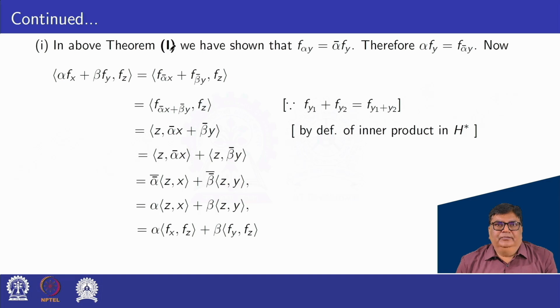In the above theorem, first we have shown that f_{αy} is equal to ᾱ f_y. Therefore, α f_y equals f_{ᾱy}. Now, the inner product of α f_x + β f_y and f_z equals the inner product of f_{ᾱx} + f_{β̄y} and f_z.